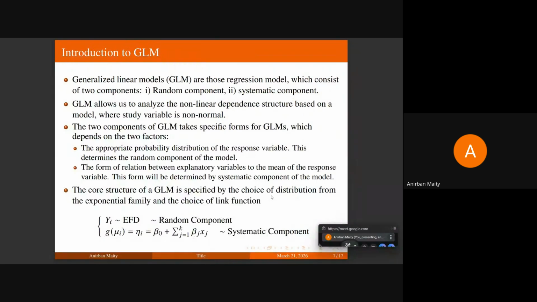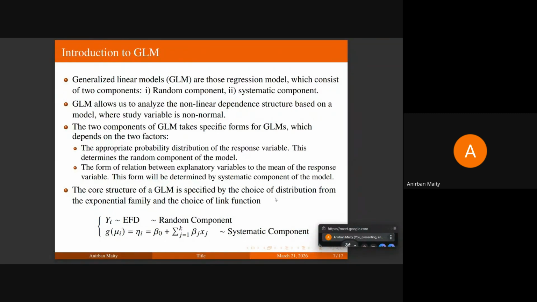The systematic component is the form of the relation between the explanatory variables and the mean response of the variable. In a linear regression model, we are basically trying to model the conditional average with the predictors. Same thing we are doing in the GLM. We all know about conditional expectation.